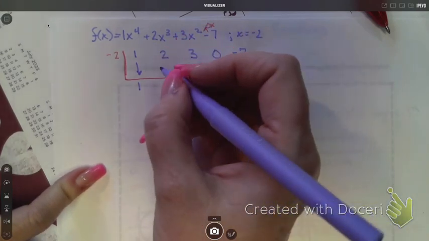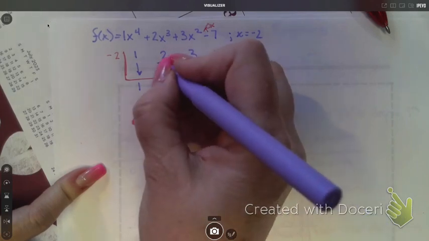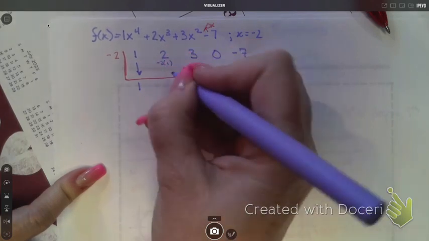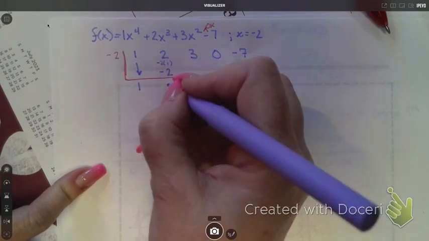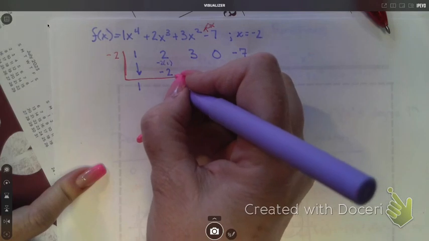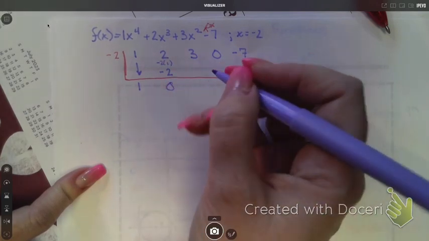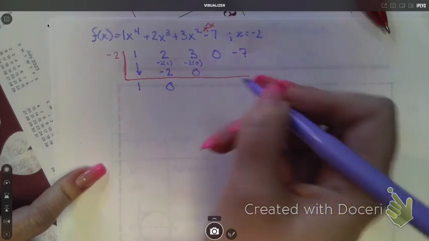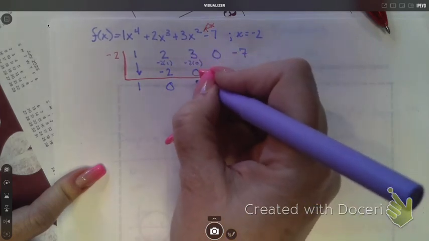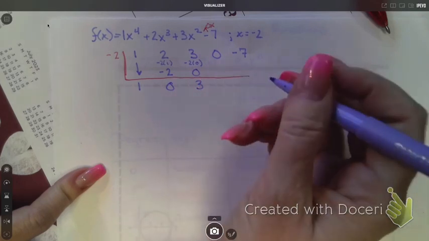Guys, remember what we do next? -2 times 1 is -2, and 2 and -2 is 0. -2 times 0 is 0, and 3 and 0 is 3.